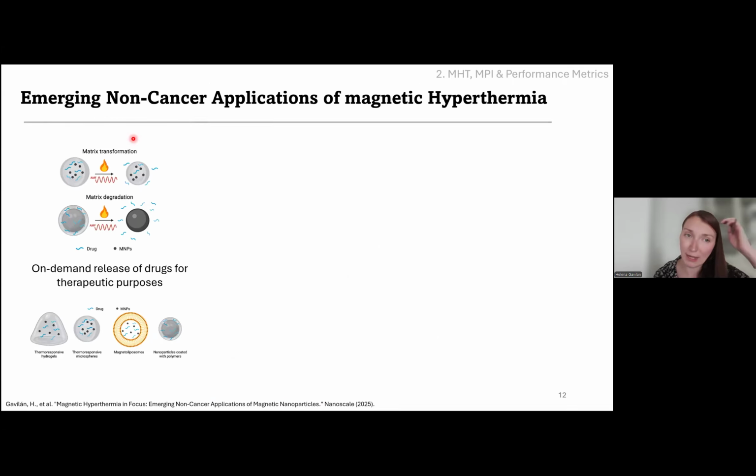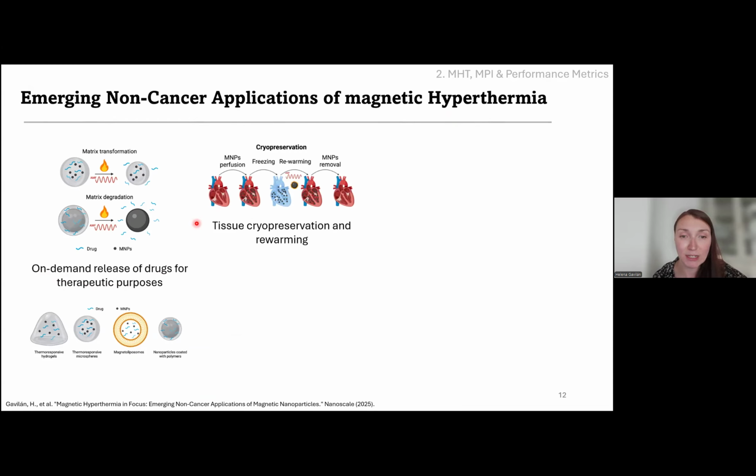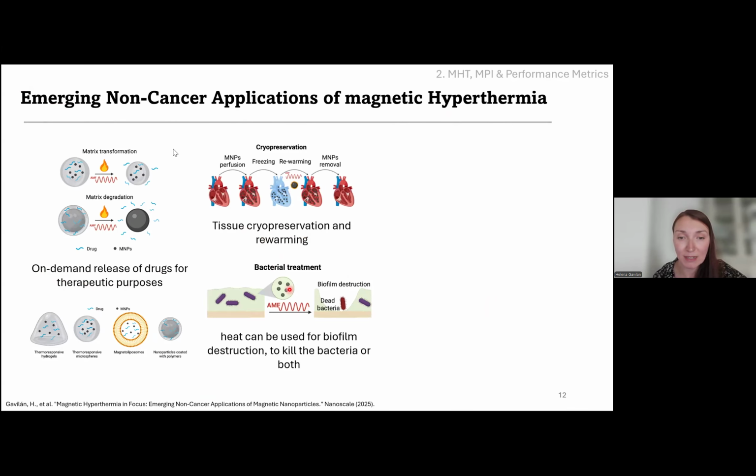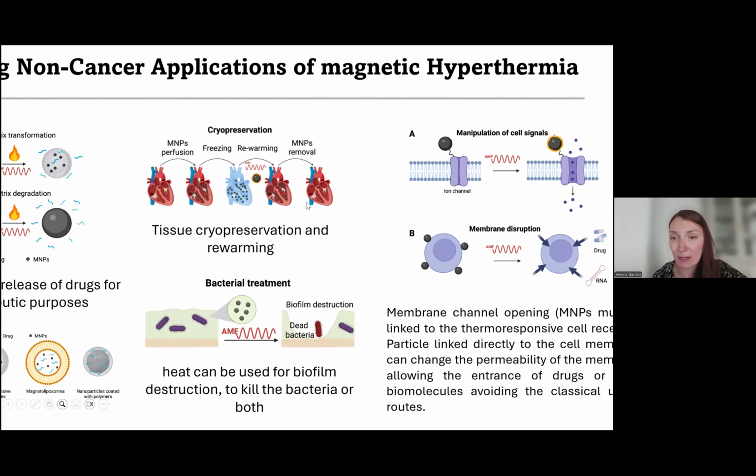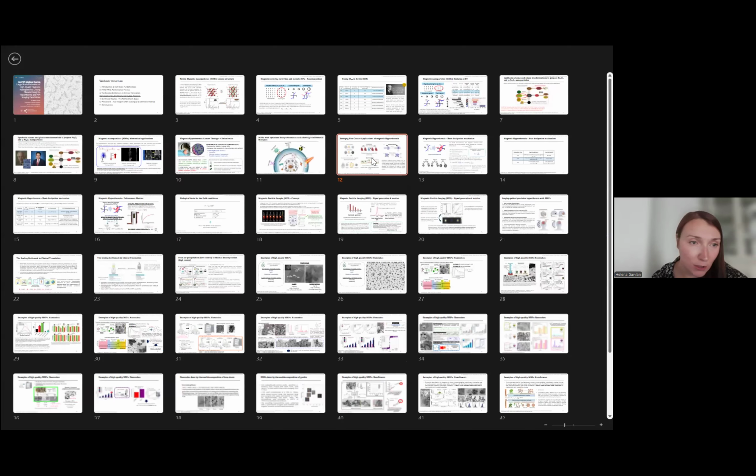Also very interesting is that we have emerging non-cancer applications for magnetic hyperthermia, for instance relying on the on-demand release of drugs for therapeutic purposes, tissue cryopreservation and rewarming, bacterial treatment, and manipulation of signals.